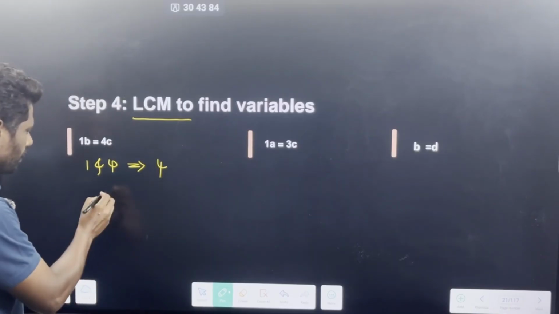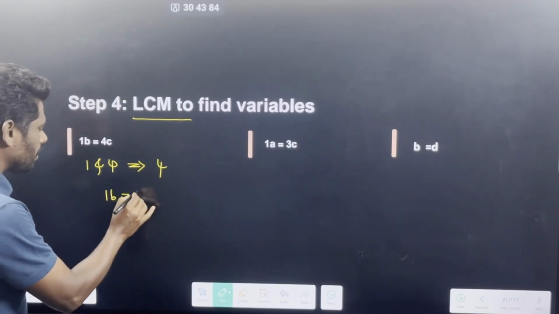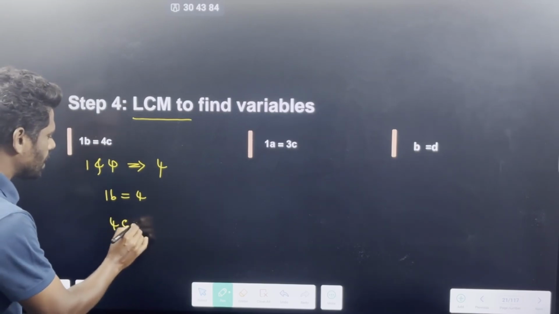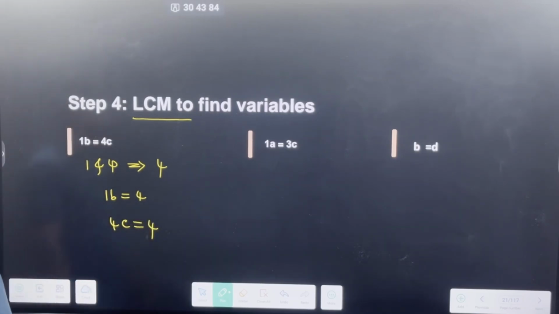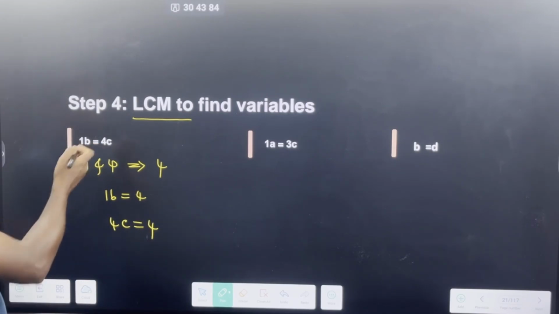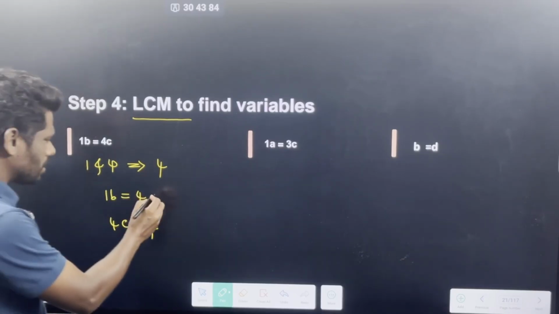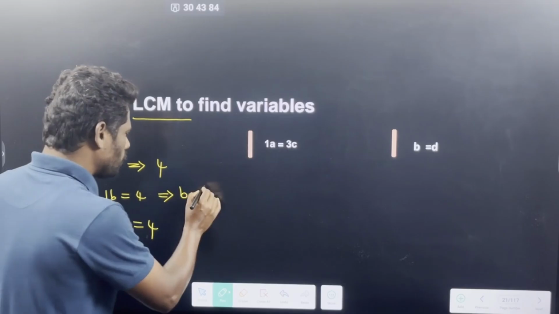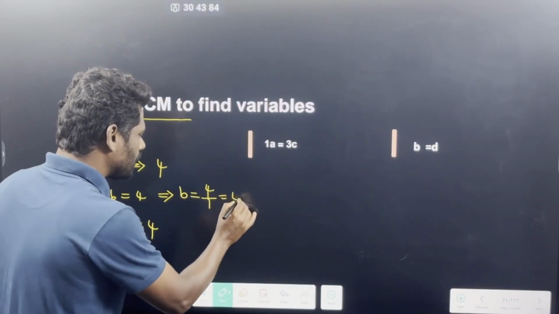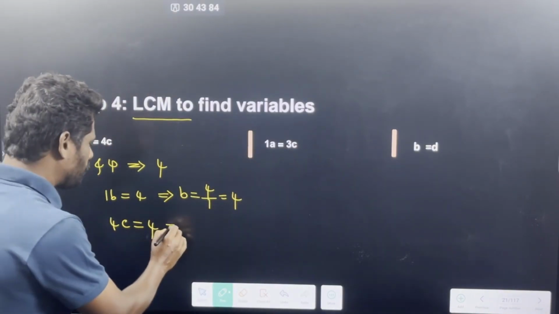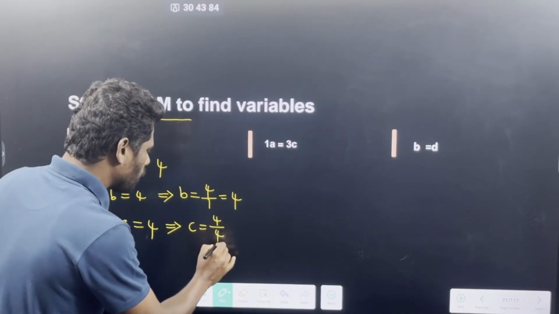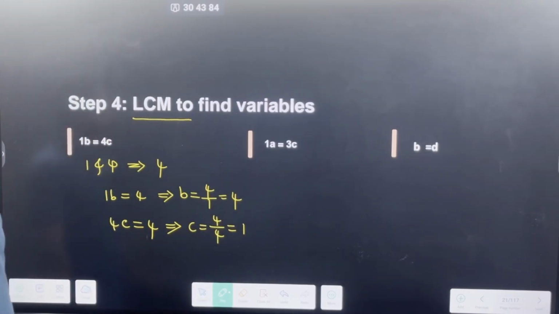Now simply, 1B must be equal to 4 and 4C must be equal to 4 as per the equation. So from this, I can simply find B is equal to 4 by 1, which is equal to 4, and from this relation C is equal to 4 by 4, which can be cancelled, and C is equal to 1.